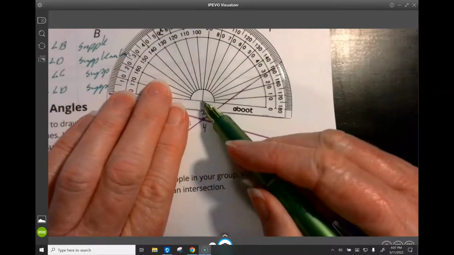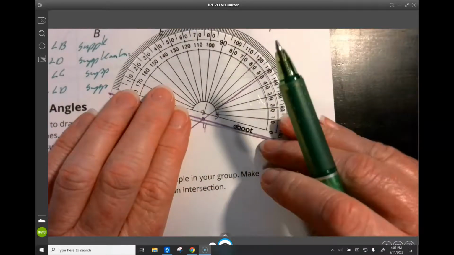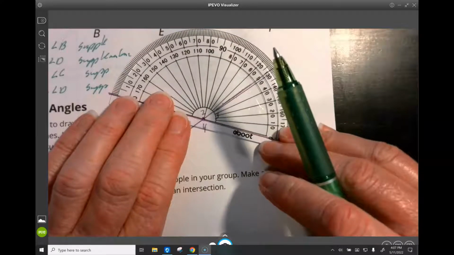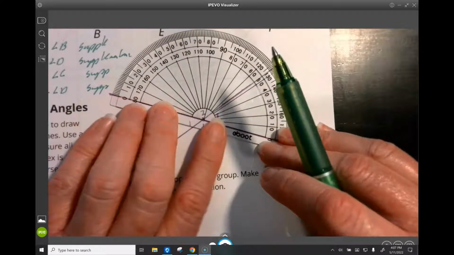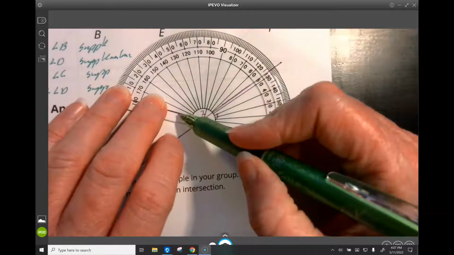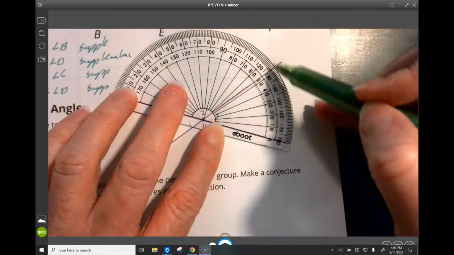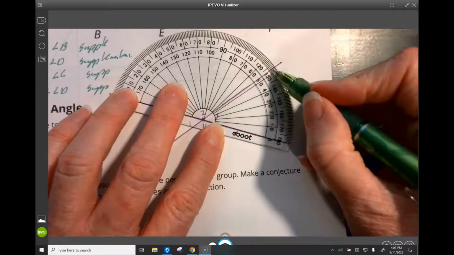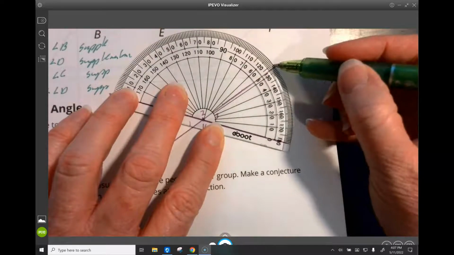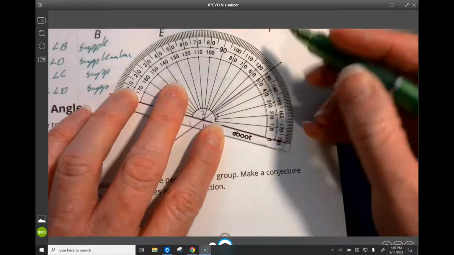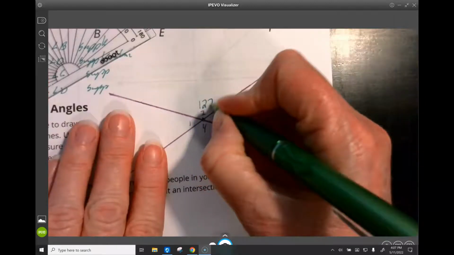So I put my vertex right on that spot. Line up my lines. Okay, and so I'm measuring this angle right here, and it looks like we'll say about 127. So it's 127 degrees.